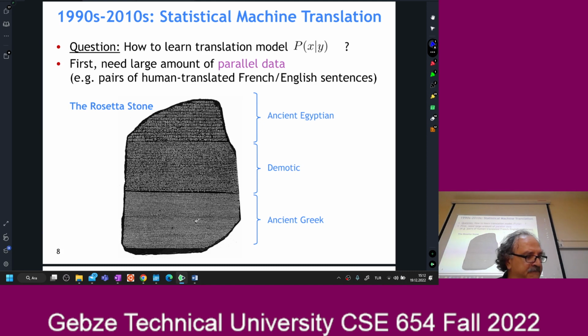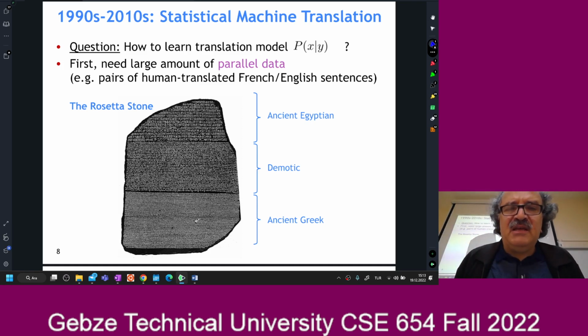And luckily, we have lots of data like that. For example, there are some journals, some magazines that are published in 2 different languages at the same time. Some Arabic language journals. Canadian Parliament, they always keep their proceedings both in French and in English, right? Because in Canada, the official languages are both French and English.